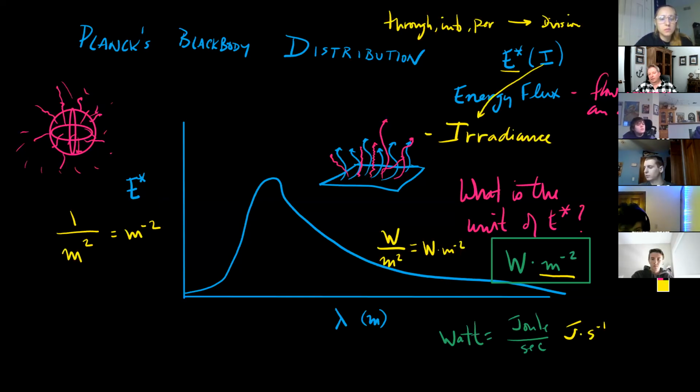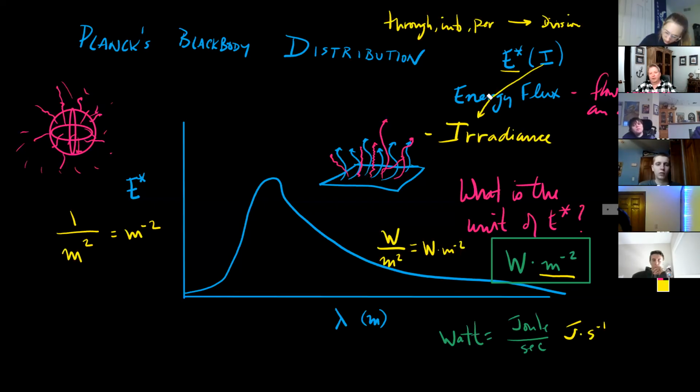It says it's the flux of radiant energy per unit area, which is a meter squared. And it's a flux. Flux just means flow through an area. And it's the energy flow through an area. And the energy looks like radiation. And what kind of radiation is flowing through it? All types, according to this distribution.